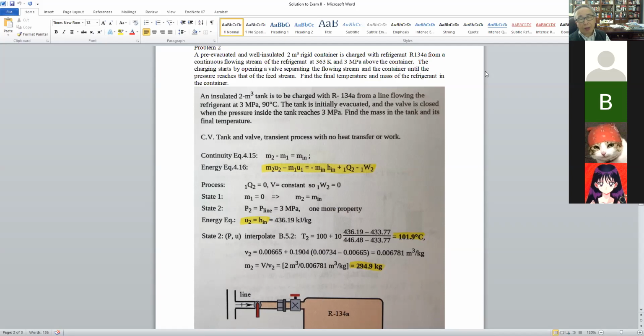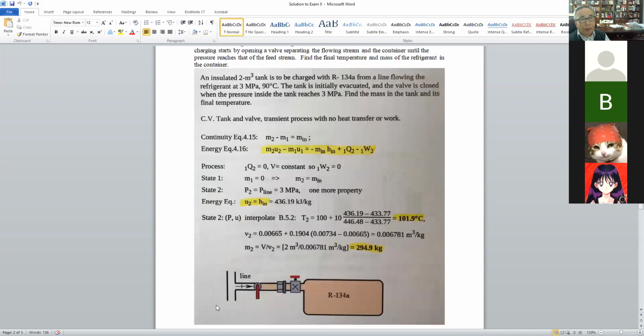Before we see the answer, the reason is the fluid in the delivery line has to provide work to push the fluid into the P-evacuated container. If this is the delivery line on the left, this is a P-evacuated container. The fluid outside the container, the fluid flowing, has to provide work to push the fluid into the container.